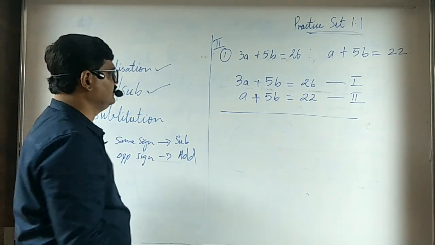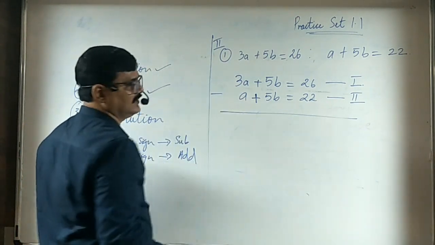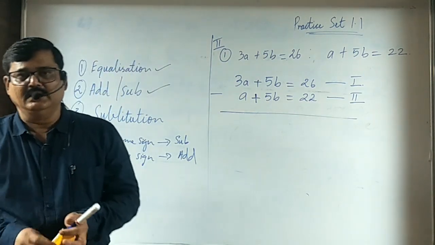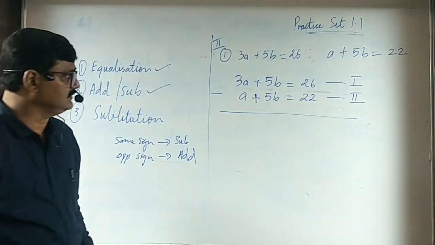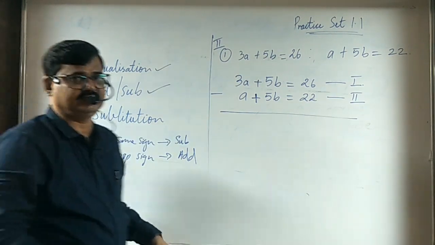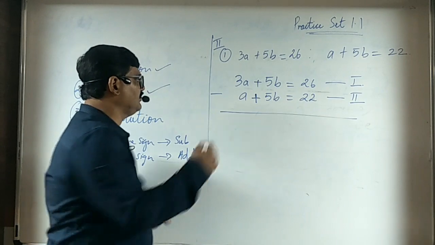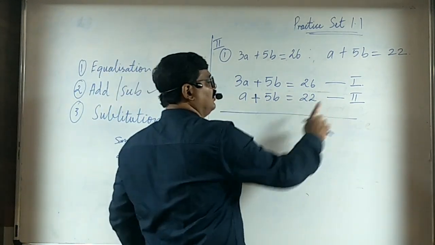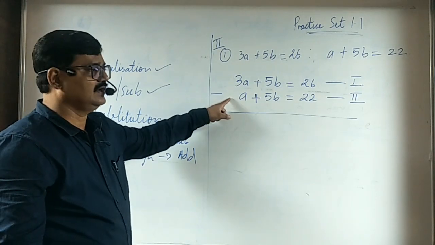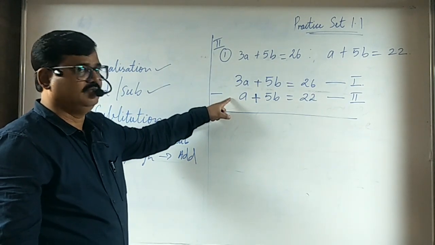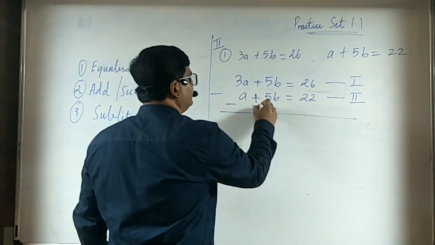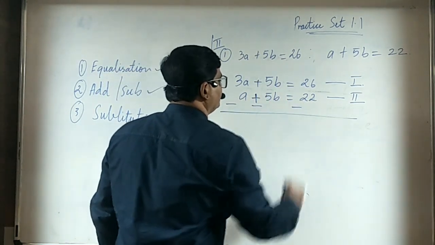So the second step is done. Let's write the minus sign here. After writing this minus sign, the sign of the second equation completely changes. All three terms change sign, because this minus sign multiplies throughout all the terms. Where there is no sign, meaning plus, it becomes minus; here the plus becomes minus, and here the plus becomes minus.